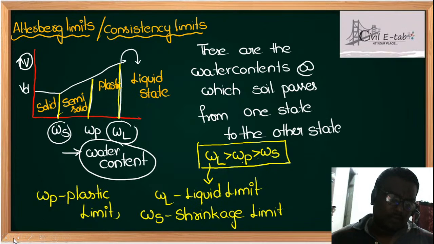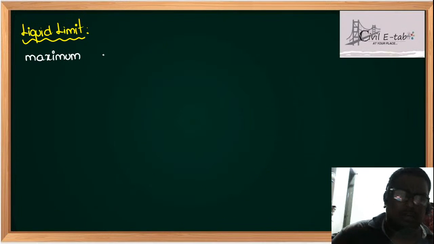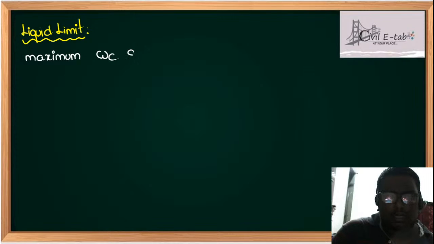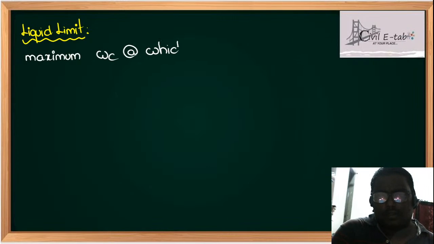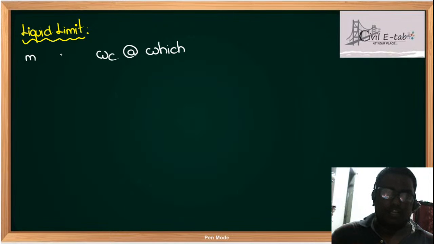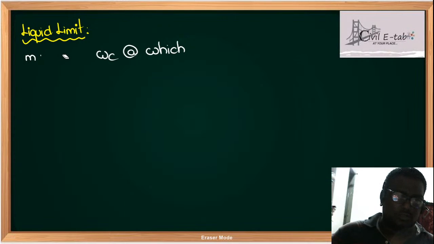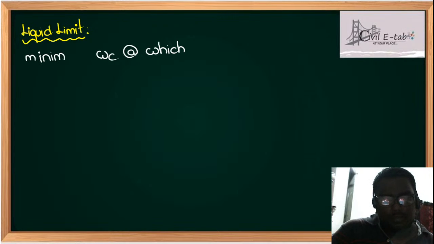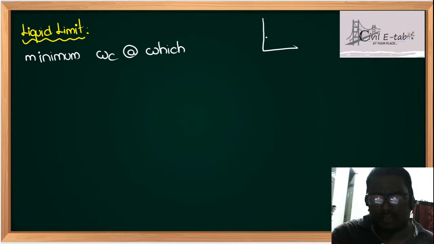So here what I want to tell you is, liquid limit is the maximum water content at which the soil has... sorry, I should write not maximum, I should write minimum, because I am telling small shear resistance. So a small correction, students: it is the minimum water content. Again I am drawing the graph to avoid confusion.